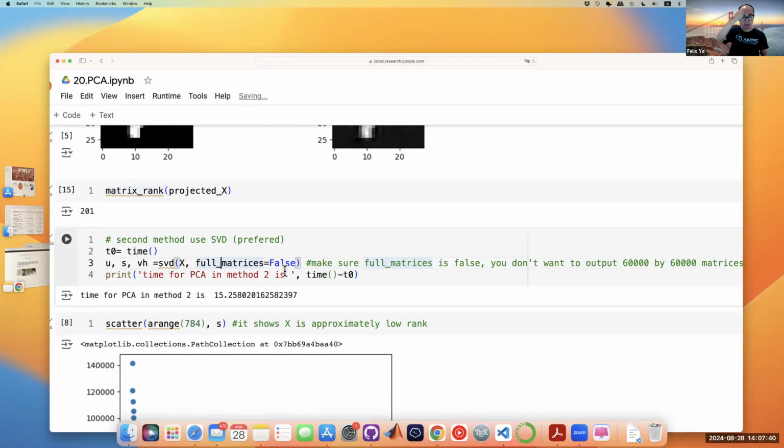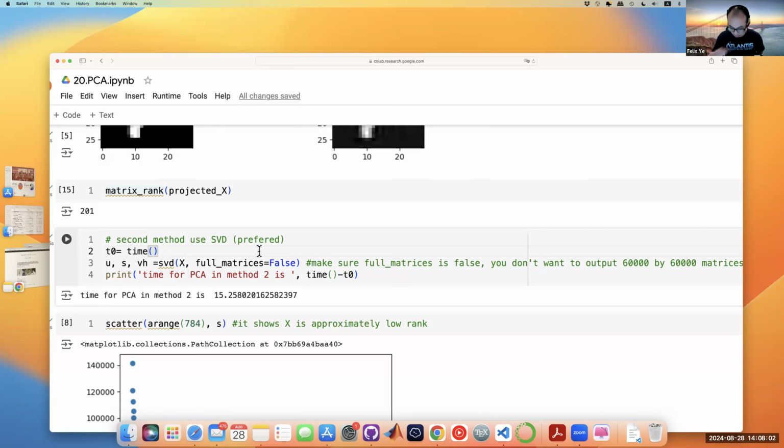A second method that we can do is using the SVD. In these cases, it will be slightly more expensive, just because my big D is not really very large.